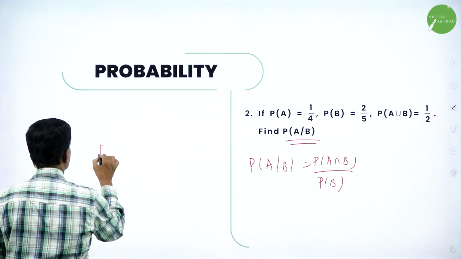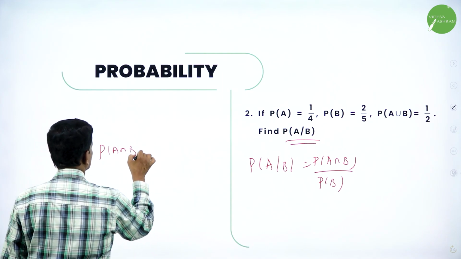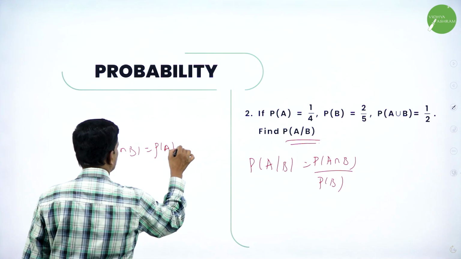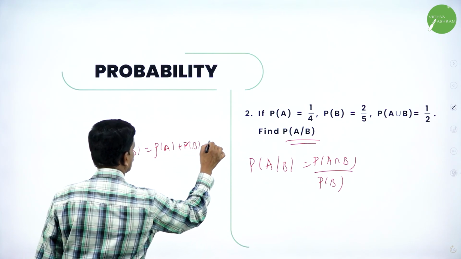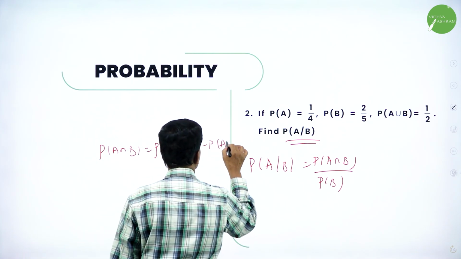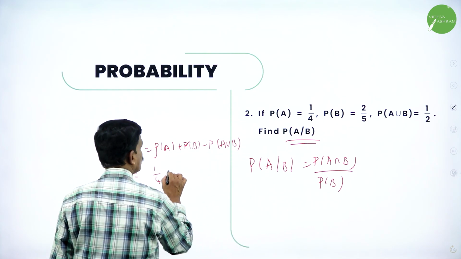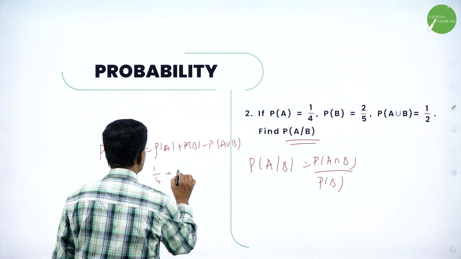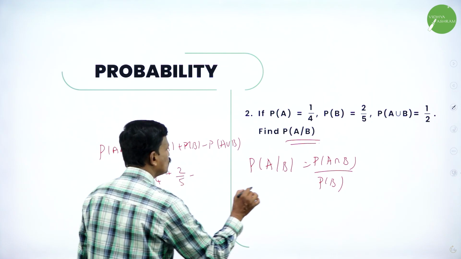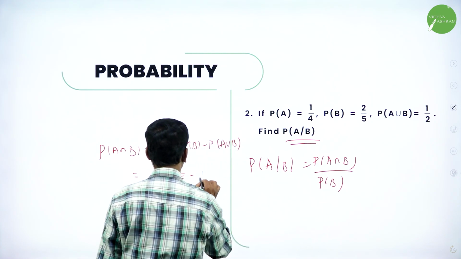Probability of A intersection B is equal to probability of A plus probability of B minus probability of A union B. So probability of A is 1 by 4, probability of B is 2 by 5, minus A union B, which is 1 by 2.